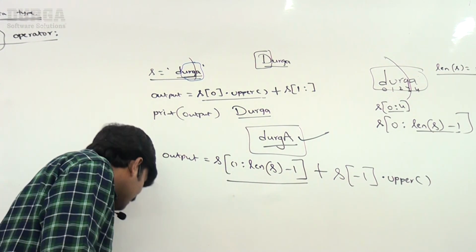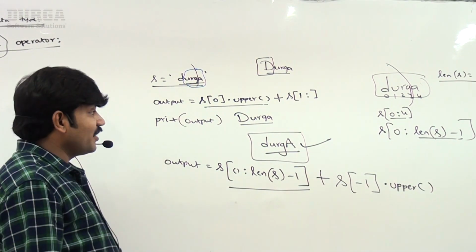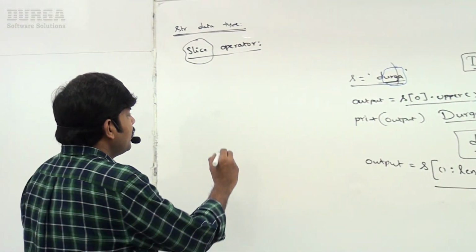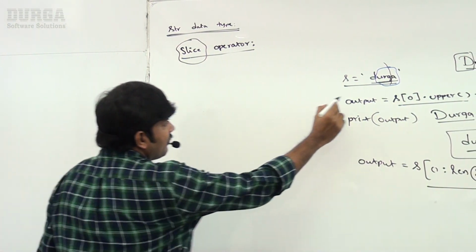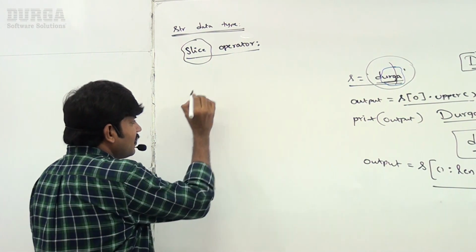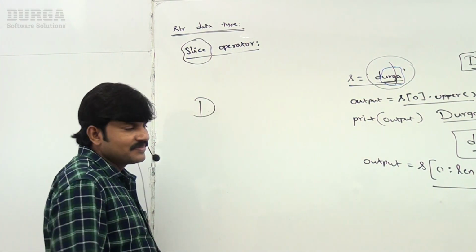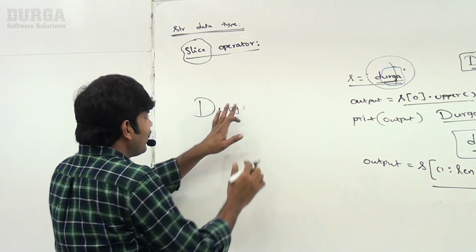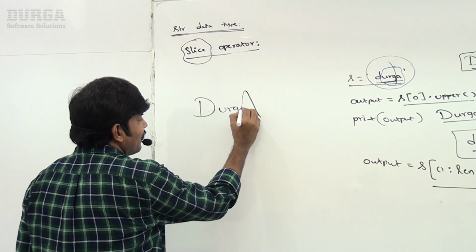Now my next question, listen carefully, sir. My next requirement is, observe that. The given string is Durga. Now, can you please convert the first character into uppercase? And the last character, can you please convert into uppercase?